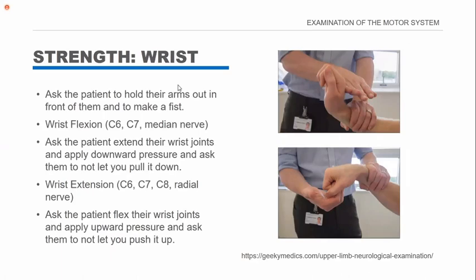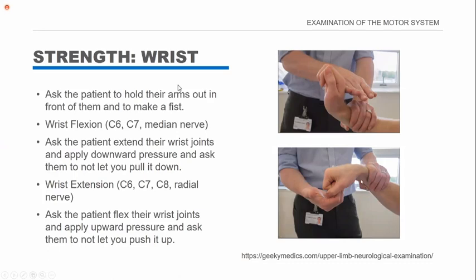Then for strength at the wrist, ask the patient to make a fist and extend their wrist. Sorry, this is extension, and you ask the patient to extend their wrist, and this is flexion of wrist.